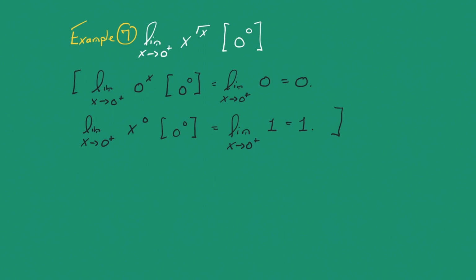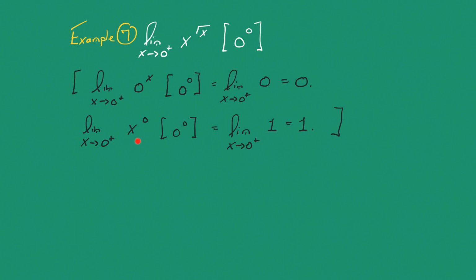What about this one here? Here's another example of a limit of type 0 to the 0. This one is the limit as x tends to 0 from the right of x to the 0. Well, certainly this is of type 0 to the 0, and for each x we're considering here, when taking this limit, x is bigger than 0, and if you take an x that's bigger than 0 and evaluate it to the power 0, you're just going to get 1.